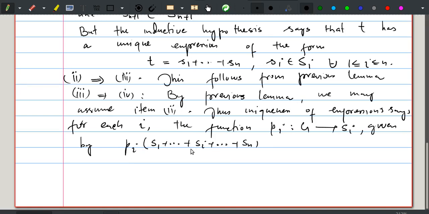Now this is an element of G, and Pi maps this element to the ith component, which is this little si. So this uniqueness of expression says that these maps are well defined.